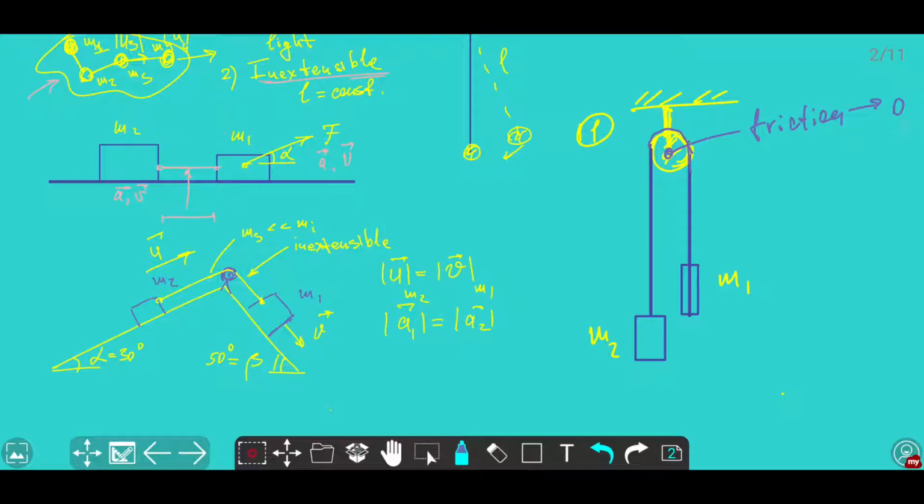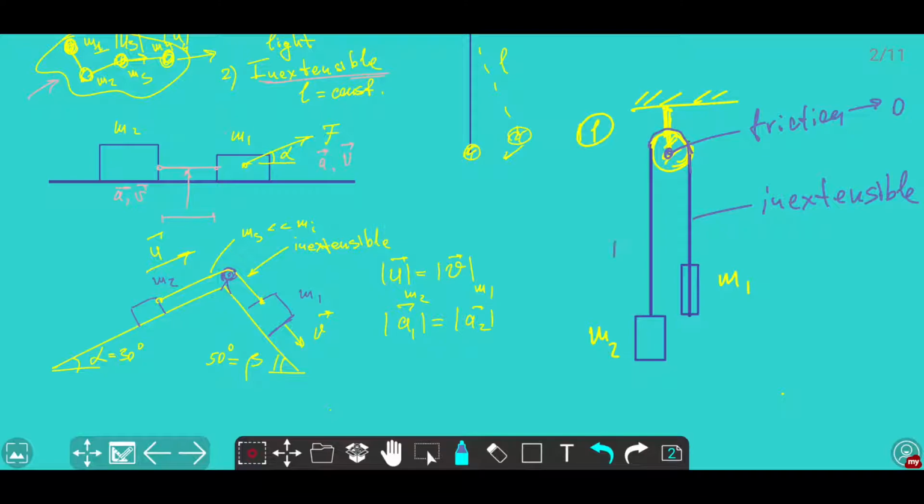So can you consider them as connected particles? Of course, yes, if the string is inextensible. So again, with an inextensible string, you can consider them as connected particles.